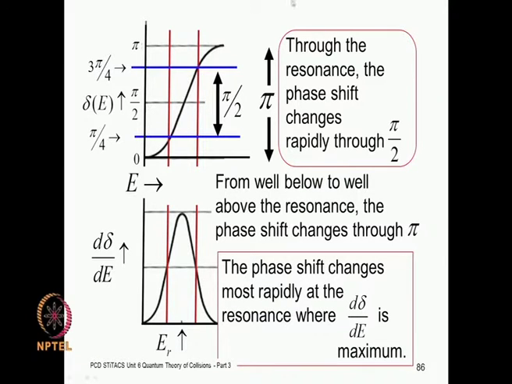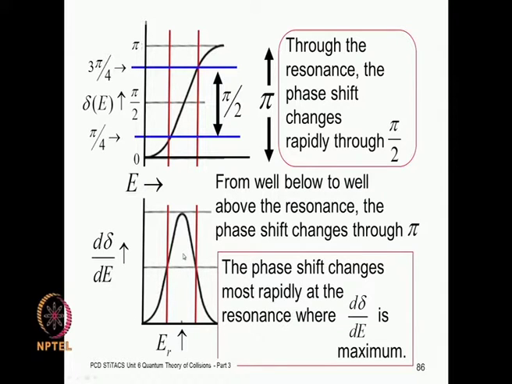If you look at the derivative of the phase shift with respect to energy, okay, so this is the energy derivative of the phase shift. This energy derivative of the phase shift, if you see from this profile, so this is d delta by dE, which corresponds to this variation of delta with E. Okay. Notice that the phase shift changes most rapidly at the resonance, and here the rate of change of delta with E becomes 0.